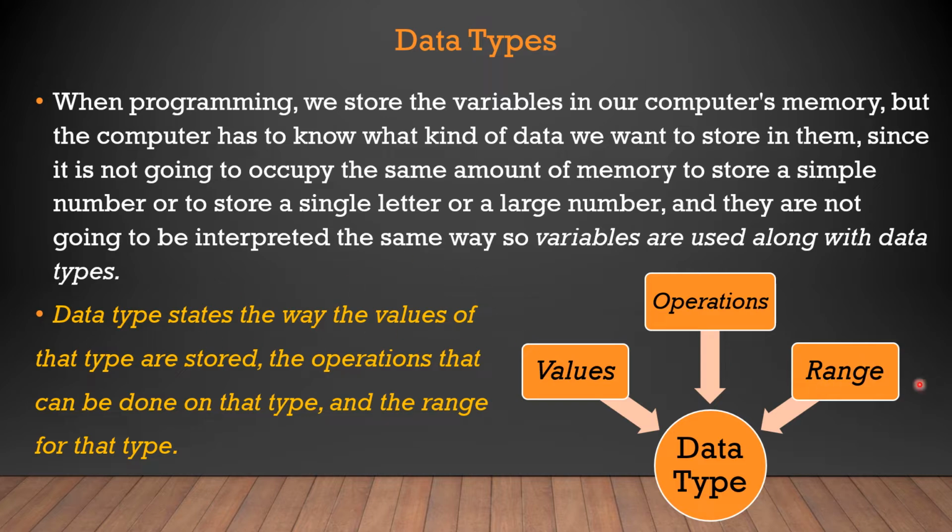Then range, means what is the range of this data type, what is its limit, upper limit, lower limit. So we come to know three things about the data: values, operations, and range. So these are the three things that we come to know using the data type. I hope the use of data type is clear to you.